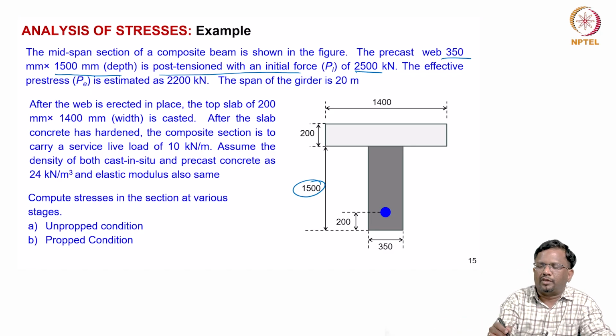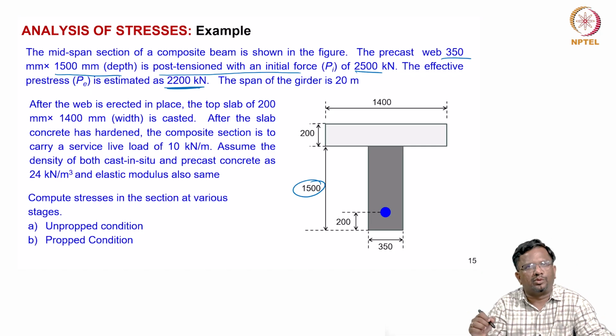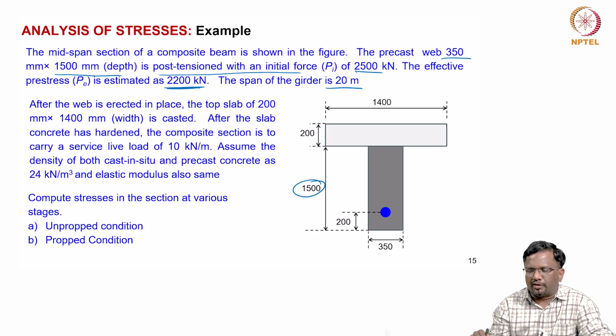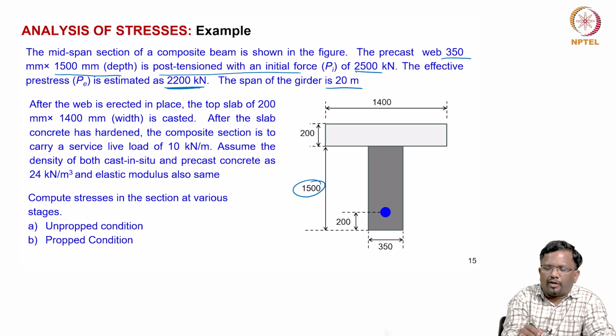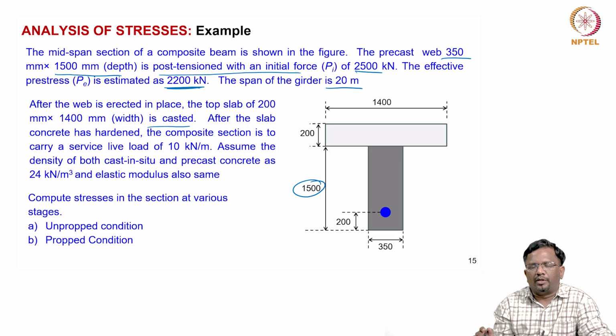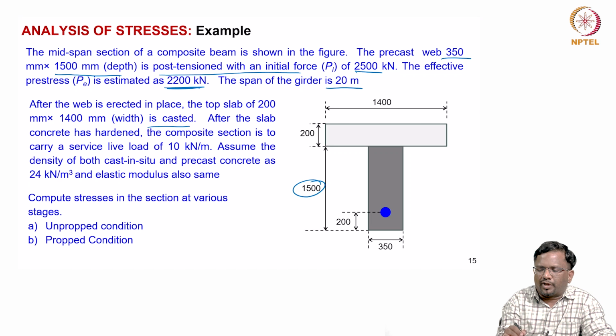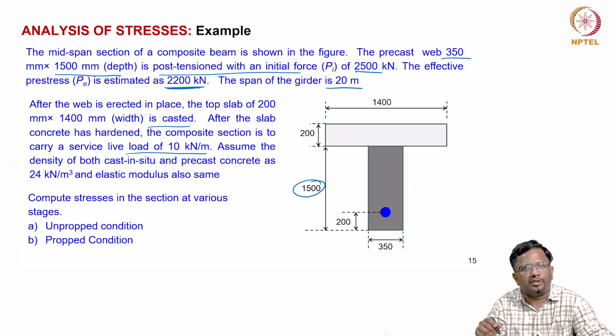After losses, the effective pre-stress force is 2200 kilonewton and the span of the girder is 20 meter. After the web is erected, the top slab of 200 by 1400 mm width is cast. Now after the concrete has hardened, the composite section has to carry a live load of 10 kilonewton per meter.